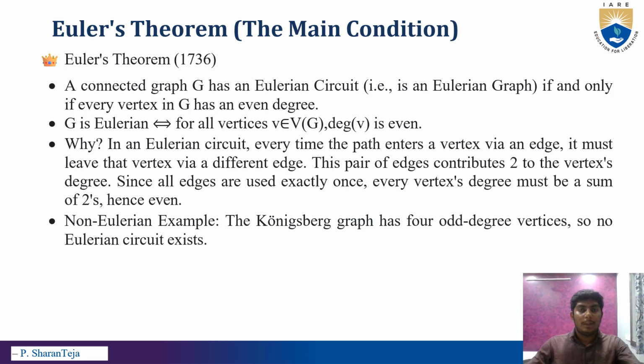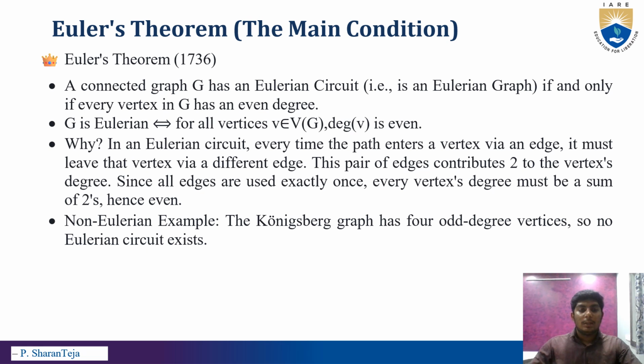Euler's theorem, the main condition. Euler's theorem gives us the precise condition for when a graph is Eulerian. It says that a connected graph has an Eulerian circuit if and only if every vertex has an even degree. Why even degree?